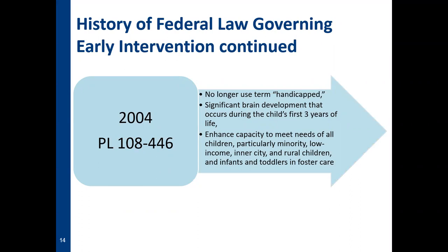In addition to the previous congressional findings of 1986, in 2004, the law expressly acknowledges the significant brain development that occurs during the child's first 3 years of life, and has added one finding which reads, to enhance the capacity of state and local agencies and service providers to identify, evaluate, and meet the needs of all children, particularly minority, low-income, inner-city, and rural children, and infants and toddlers in foster care.